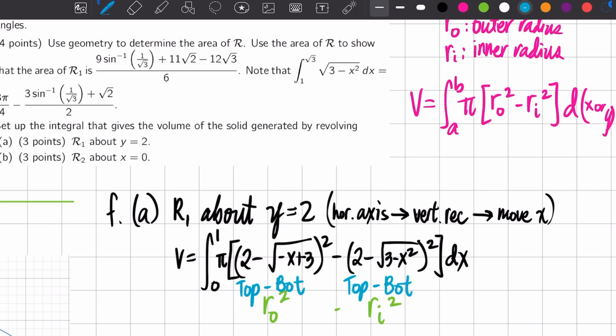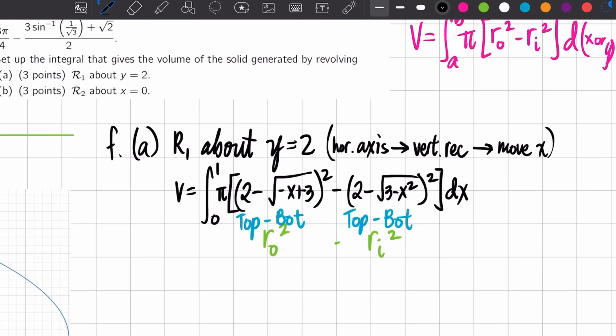So let's proceed to letter B. For letter B, what we want to do is revolve the region R2 about the line x equals 0.